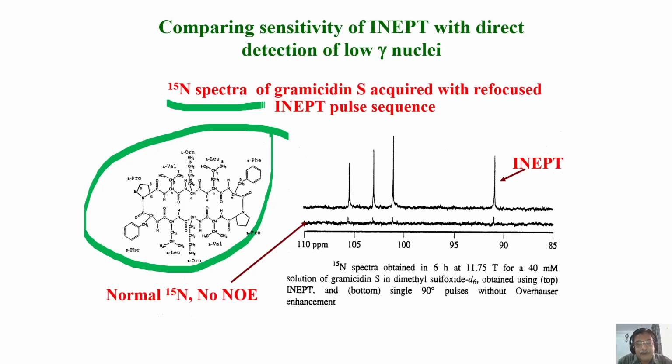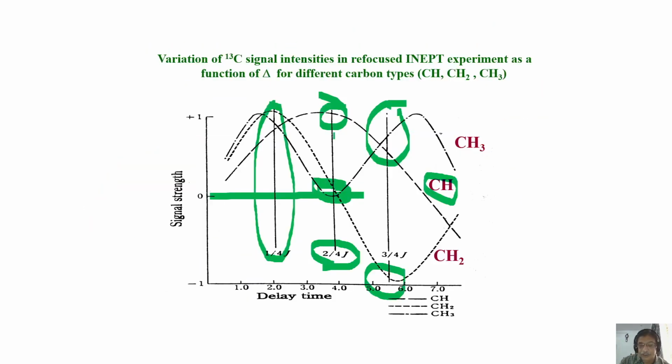It can be between any abundant spin to any low abundant spin. Polarization transfer is possible. It can be proton to nitrogen or proton to phosphorus or something else. Anything you can do. You understand? So any low abundant spin you can take, or low gamma nuclei also, and you can do this.